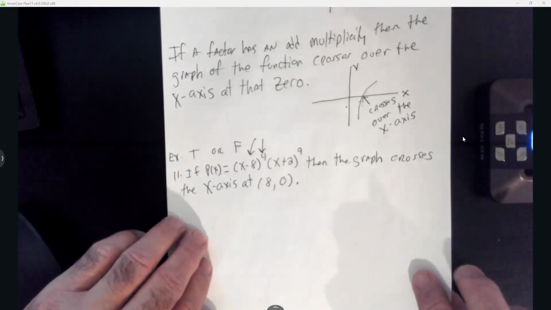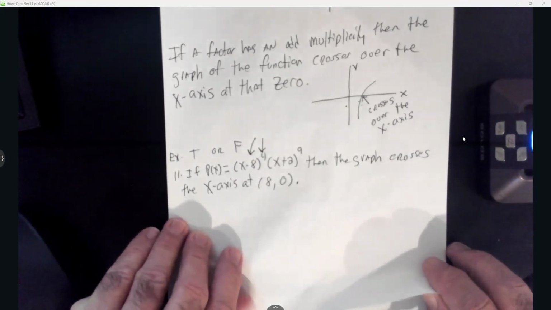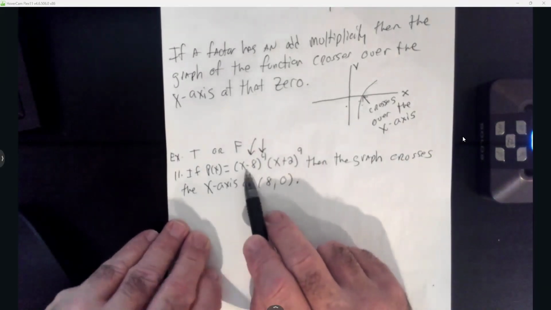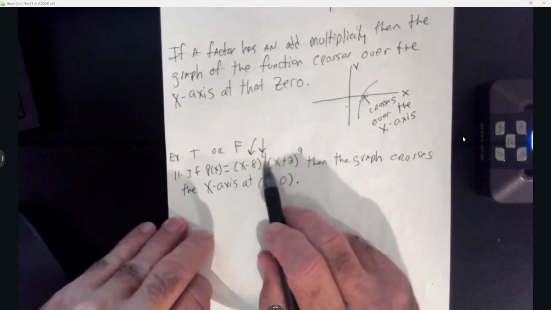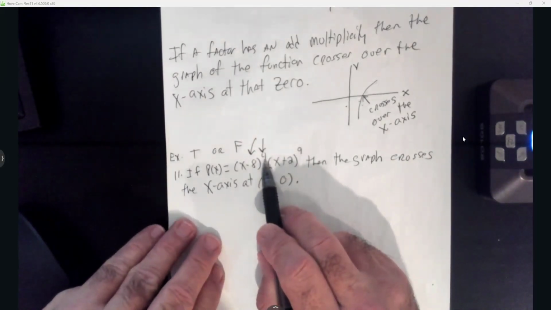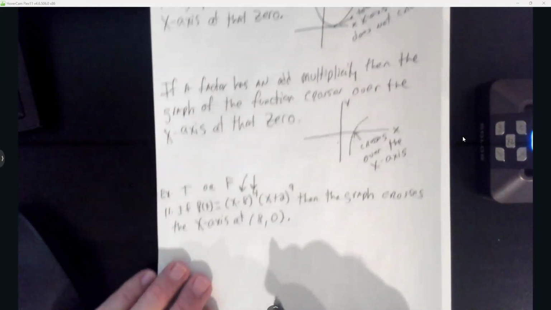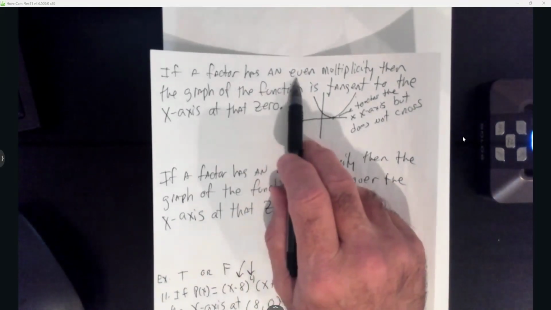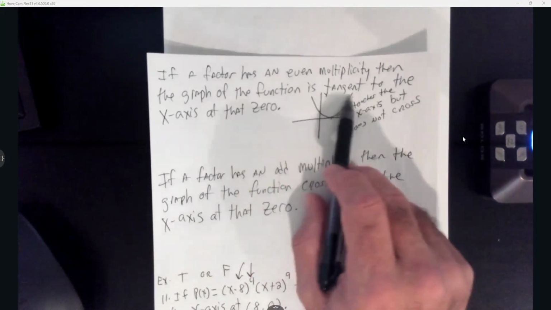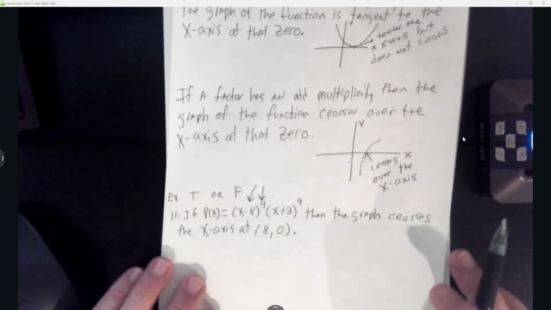All right, y'all, so let me go back up here. So if it's crossing at 8, 0, it's coming from this factor. This one has an even multiplicity of 4. So up here we said, if it's an even multiplicity, then the graph is tangent.